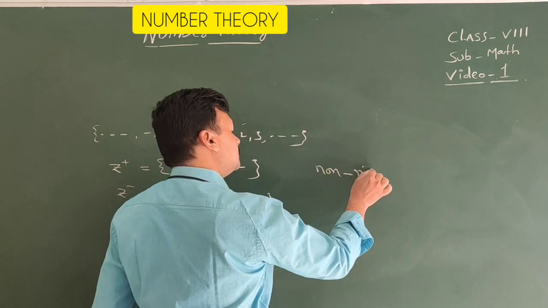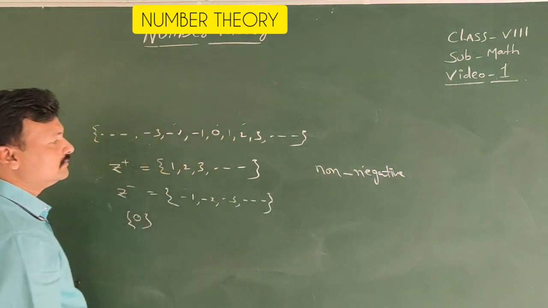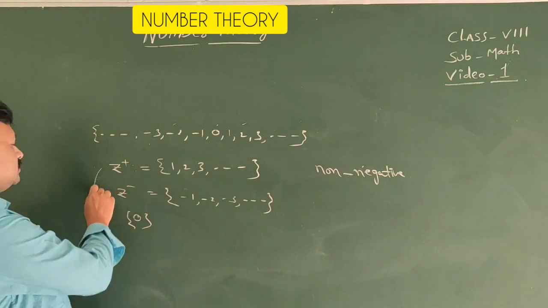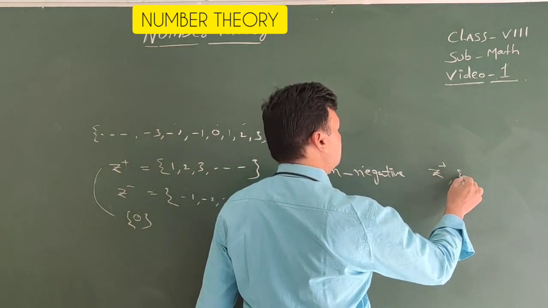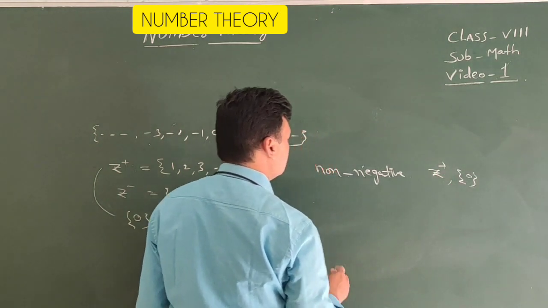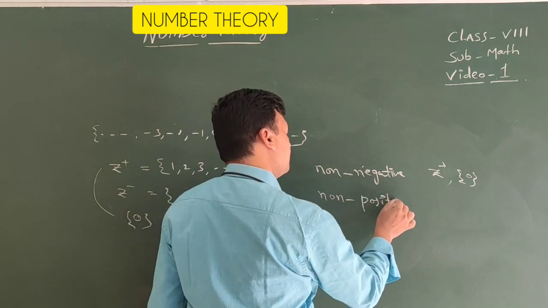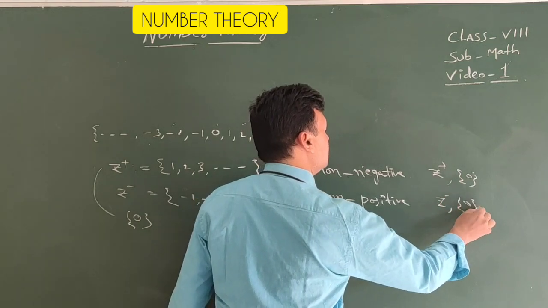Now, non-negative integers. Non-negative means except negative, so positive along with the 0. Non-positive means negative along with the 0.